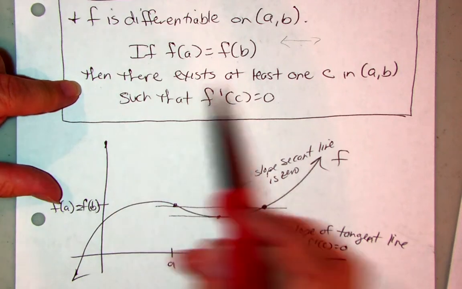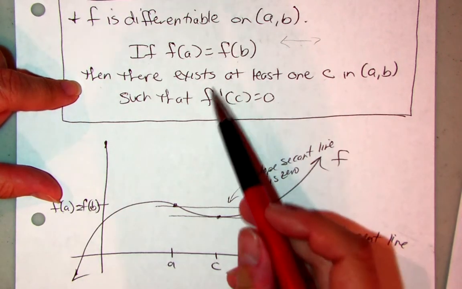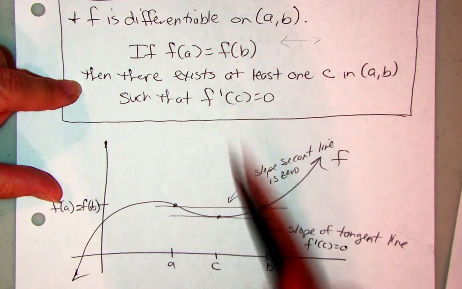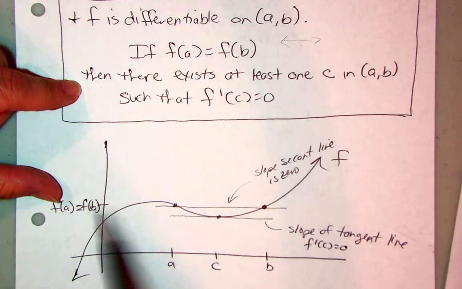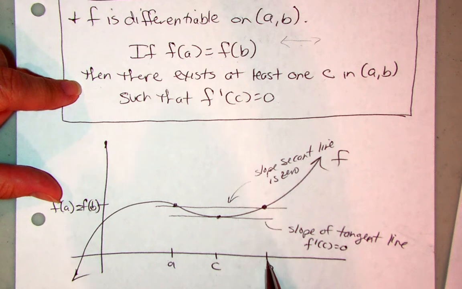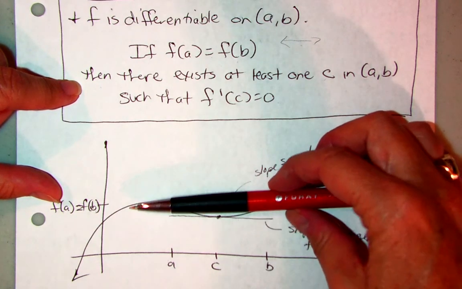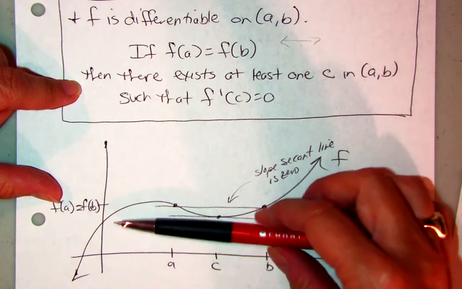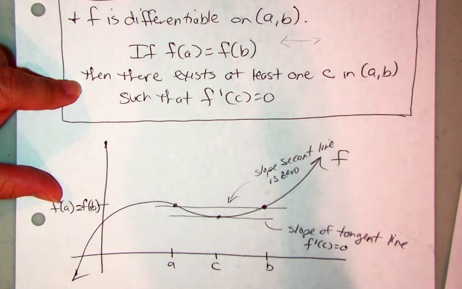Then what? Then there exists at least one c in this open interval such that the first derivative, or the slope of the tangent line at c, is equal to 0. Because if these two y's are the same at these two different x values, it's got to be a horizontal line. Both the y's are the same. So I'm saying that there's some c in between that when you take the first derivative, or the slope of it, it is also 0.